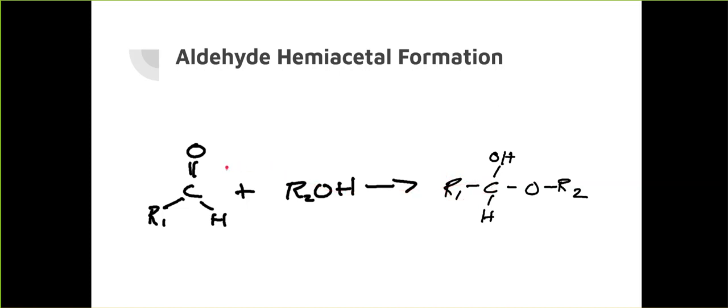That double bond is going to pop, and you're going to put a hydrogen there, and then this OR here is going to connect into that carbon. And so now you're going to get this RCOHOR, and that is therefore a hemiacetal.